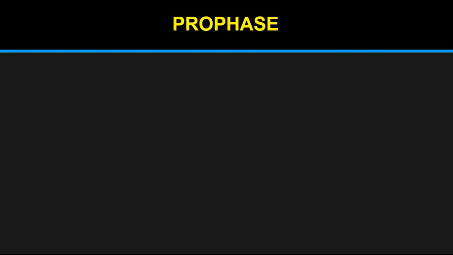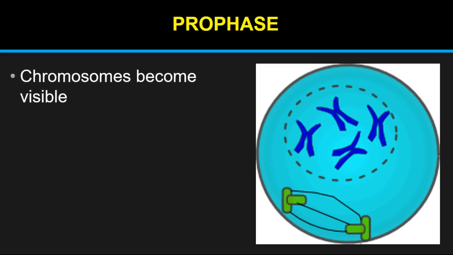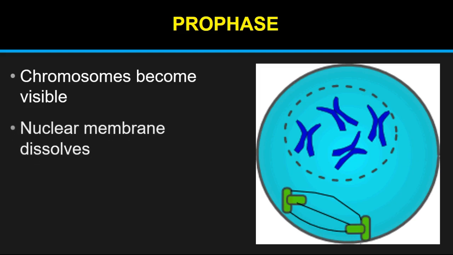Now remember, moving into mitosis, the cell was in interphase, and now it moves into mitosis, and the first stage is prophase. And this is the stage when the chromosomes first become visible. And the nuclear membrane starts to dissolve.